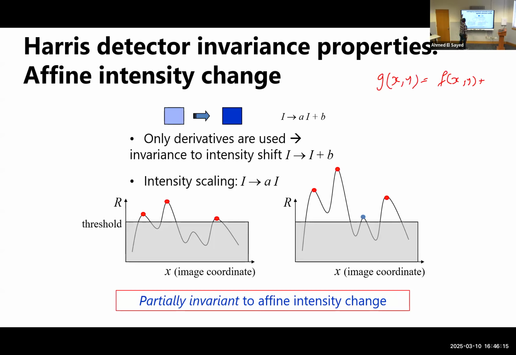Okay, so it can be by adding a constant, maybe by putting it to the power gamma, or any change of this kind. Remember what we did with the image enhancement in the beginning? So that's how we can change the intensity of the image. Now, assume that we did the intensity change. Will the corners in the given image exist or will they vanish?